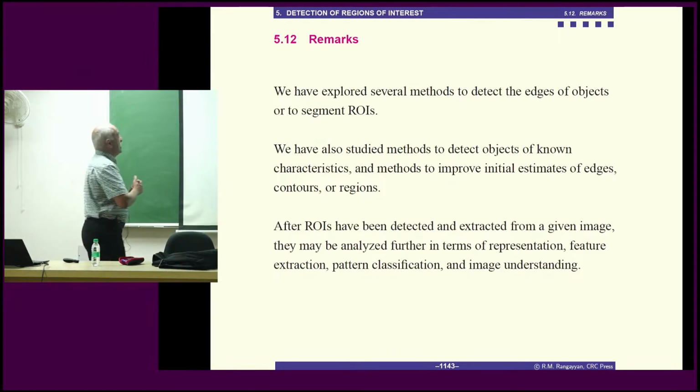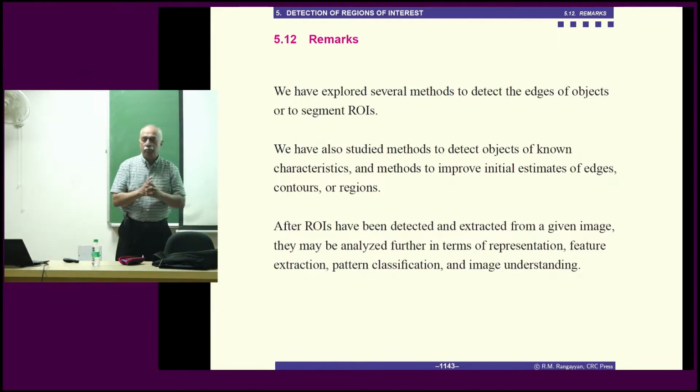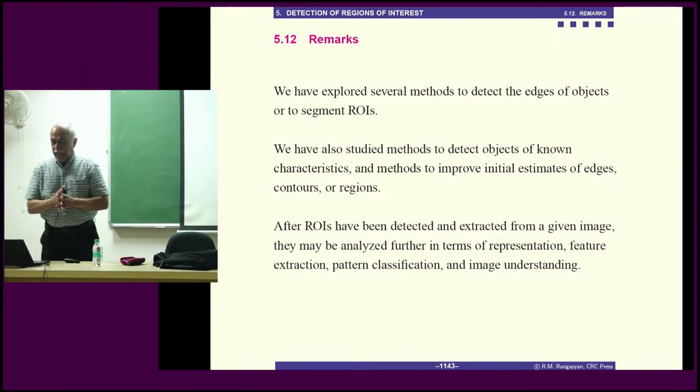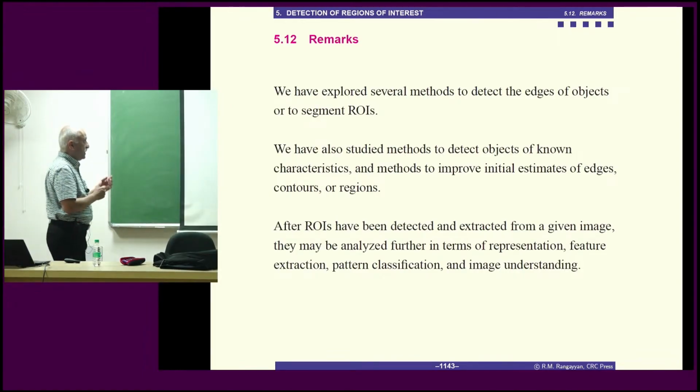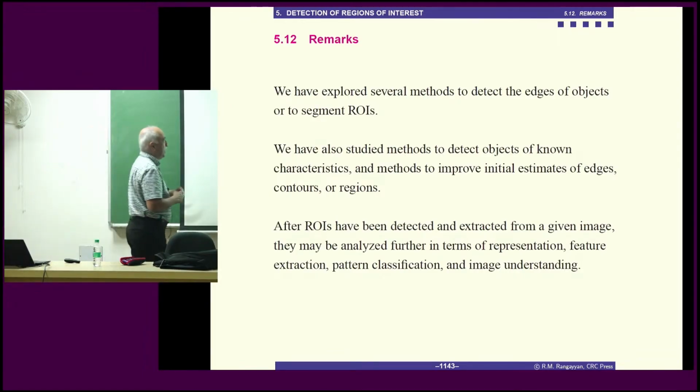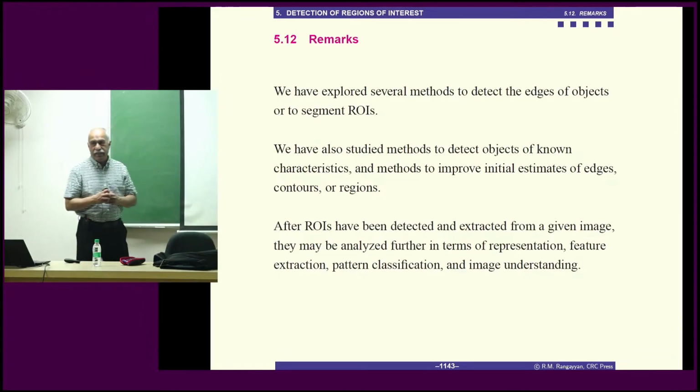So to end this chapter on detection of regions of interest, we have looked at several methods, and we have studied methods to detect objects of known characteristics or geometry, and how to improve initial estimates.